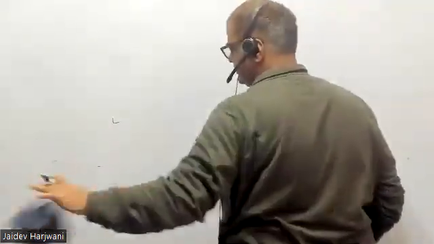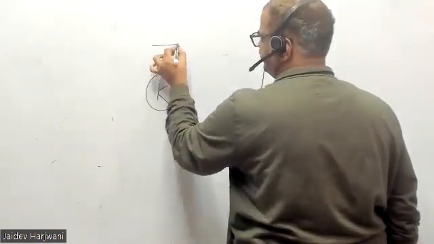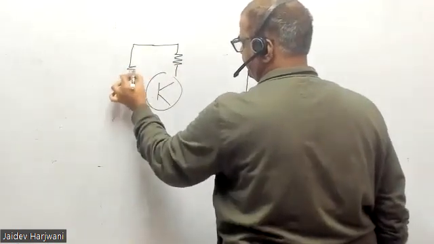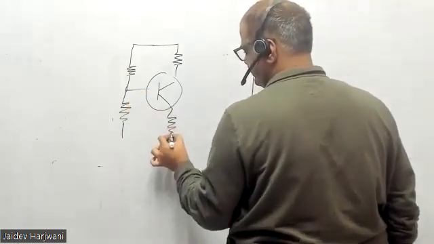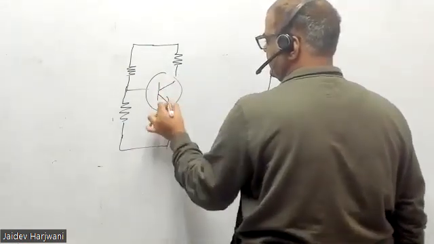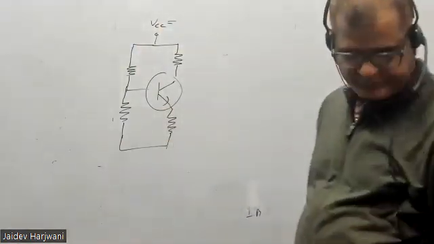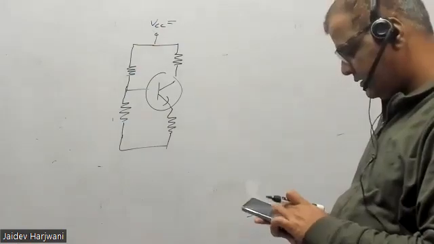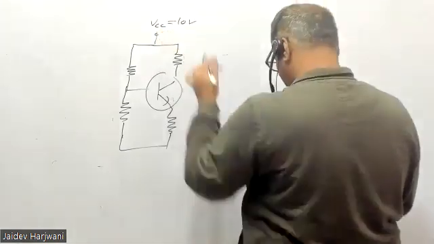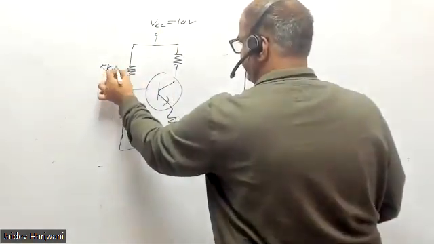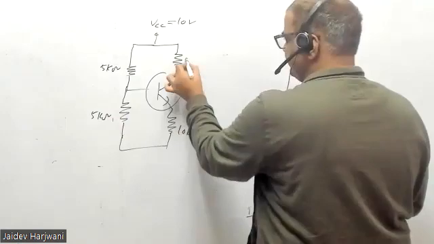So this is your common emitter. What is the value of VCC given? It is 10 volts. And this is 5 kilo ohm, this is 10 kilo ohm, and this is 5 kilo ohm.